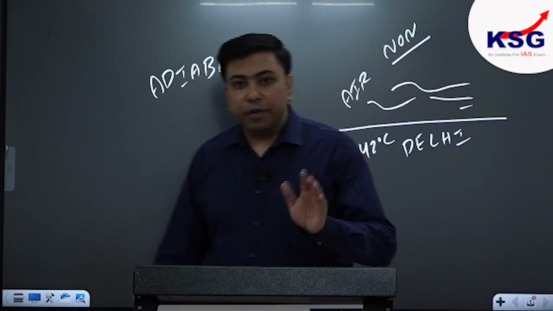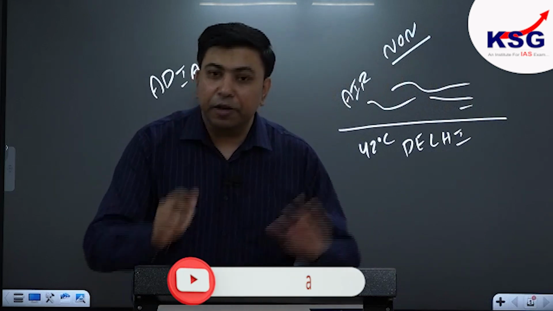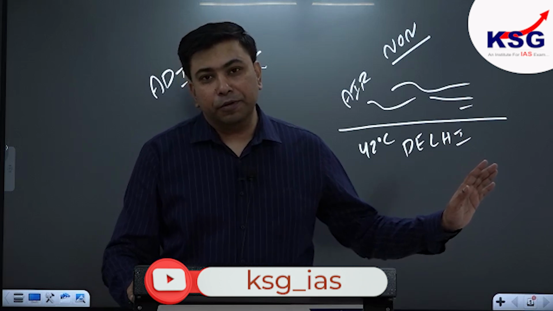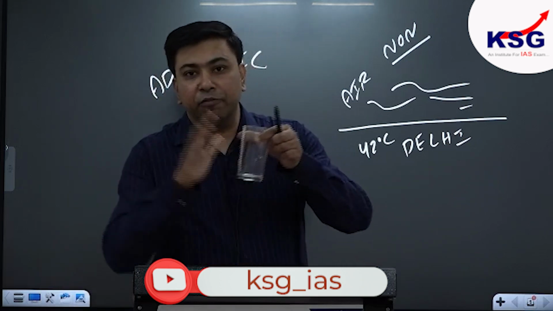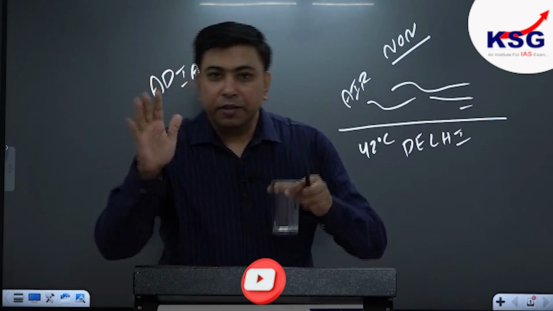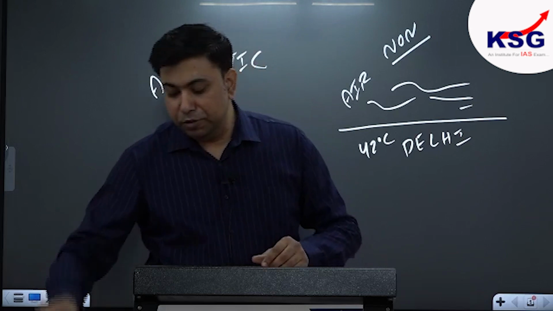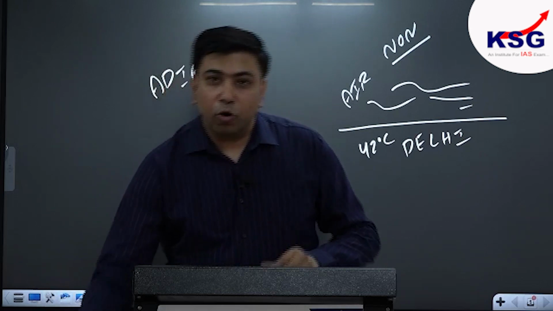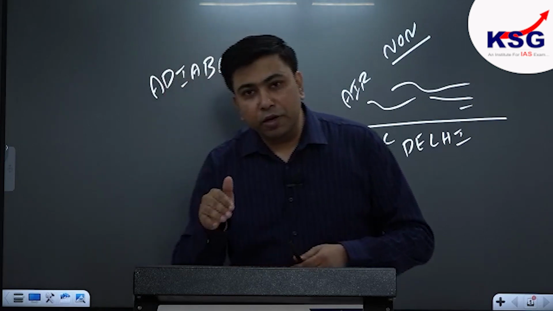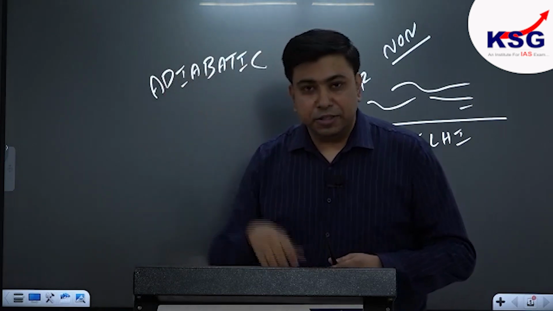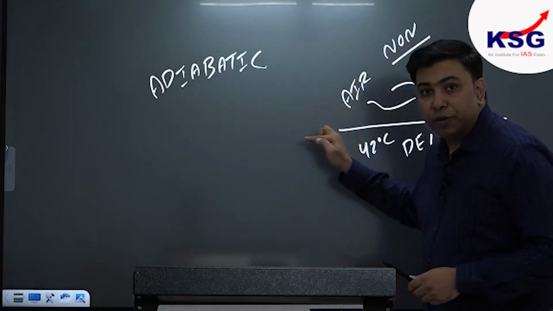Now why non-adiabatic? Because the air parcel becomes warmer by absorbing some amount of heat from the object. Similarly, when my hand becomes warmer by absorbing heat, that phenomenon would be called non-adiabatic. So when the air becomes warmer or cooler by absorbing or radiating, that is, releasing heat, that phenomenon is called non-adiabatic.